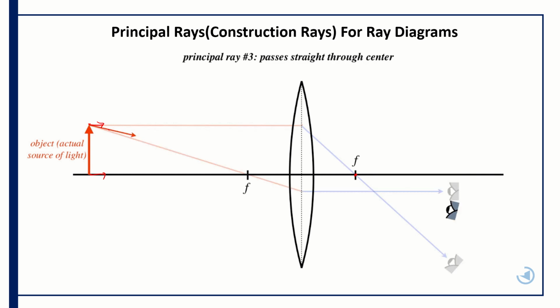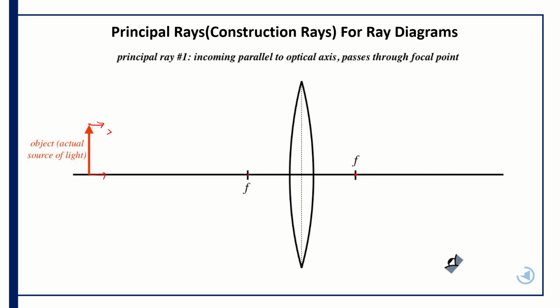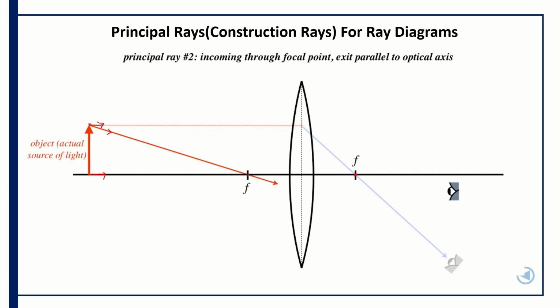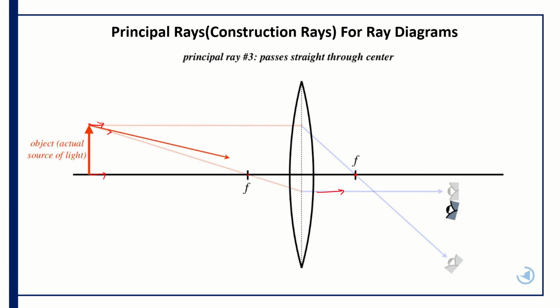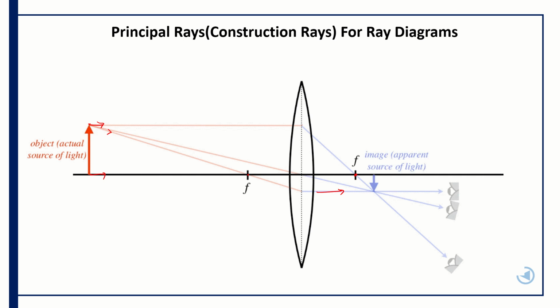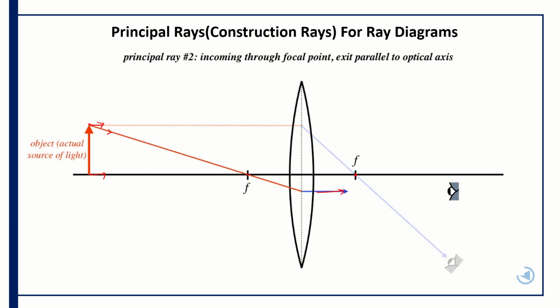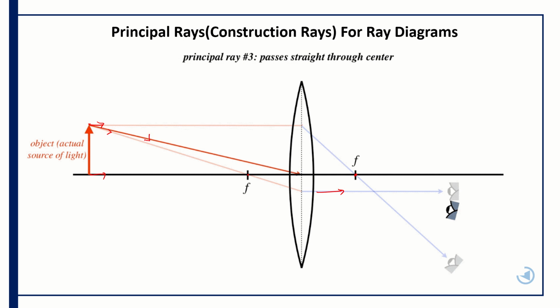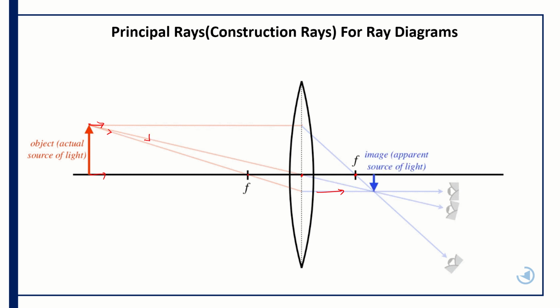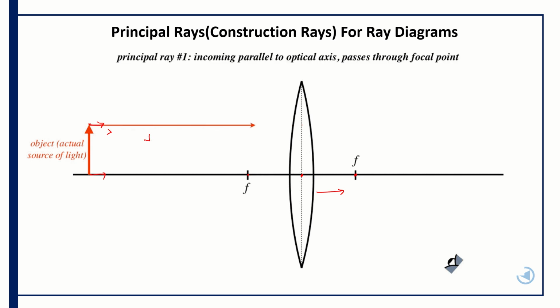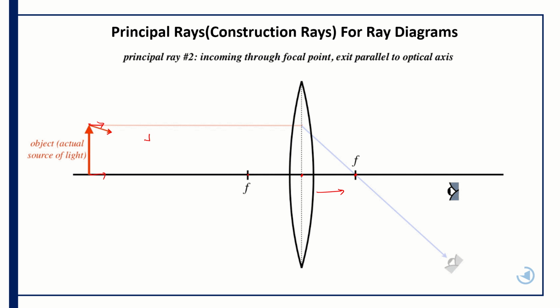Then we'll consider the second ray, which is passing through the principal focus 1, and after the emergence it goes parallel to the principal axis on the other side. Then we take the third light ray, which is passing through the optical center of the lens. It will emerge out without any deviation. So we have three rays here.